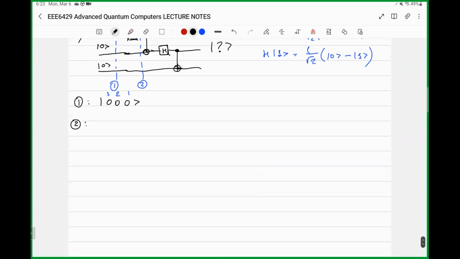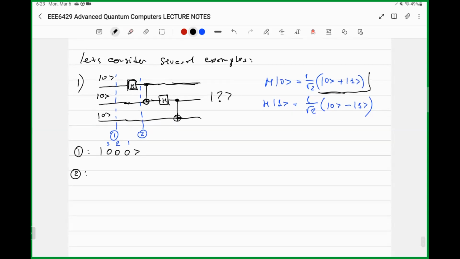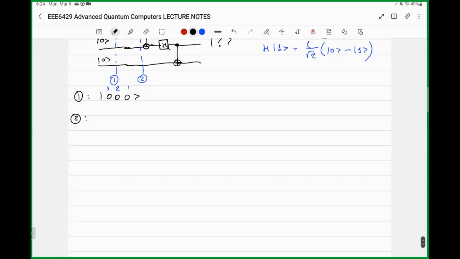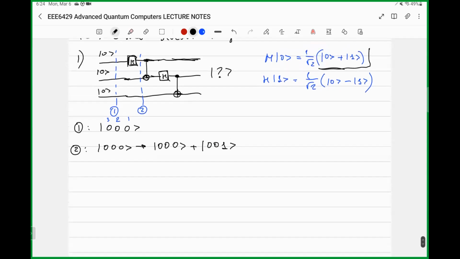The state of the first qubit is 0, which means that the result will be 0 plus 1. So my state will evolve to another state, which is 0, 0, 0 plus 0, 0, 1. Superposition of 2.